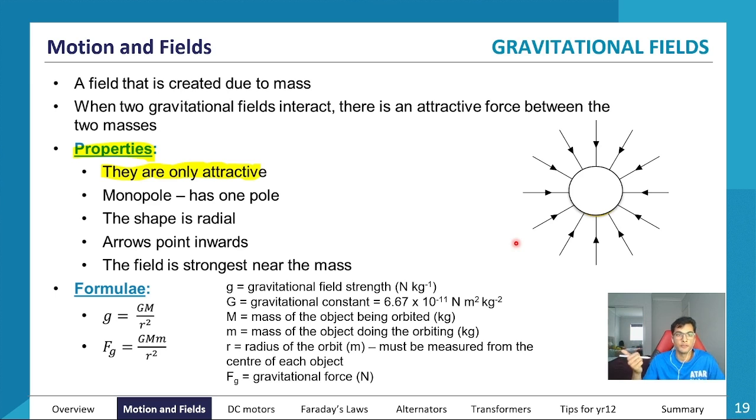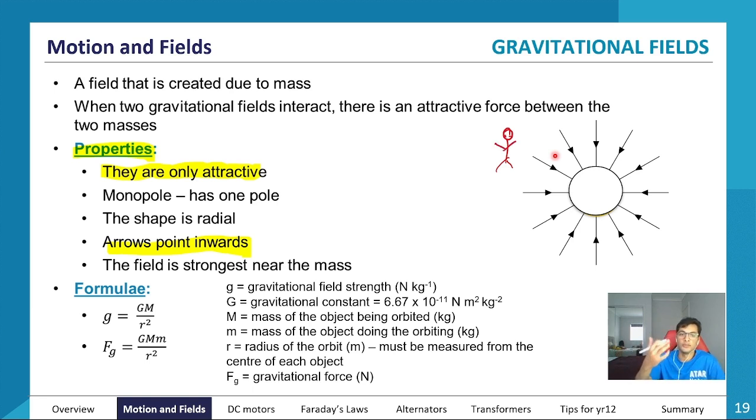Next thing about gravitational fields is that the shape is radial. Basically it means it's circular, and all the field lines act inwards. So if you see this diagram on the right, all of these field lines are acting towards the center. So what that's telling us is that if you were standing there, you would experience a force that's towards the center.